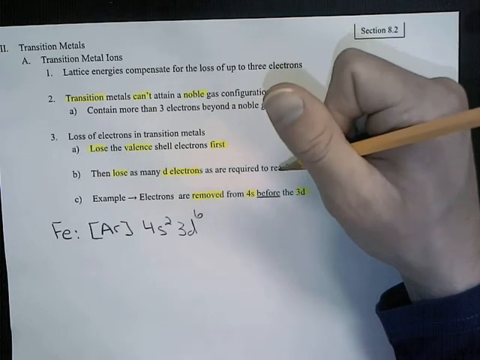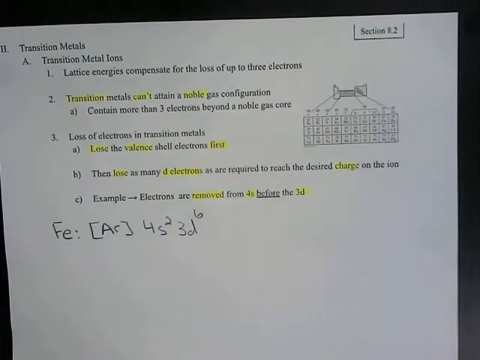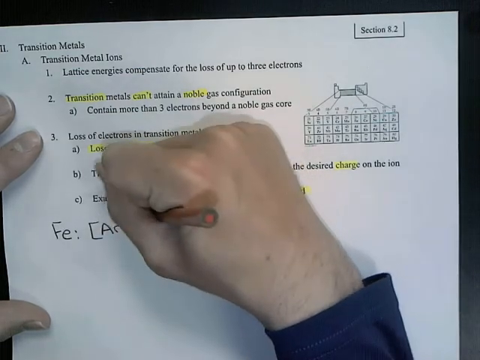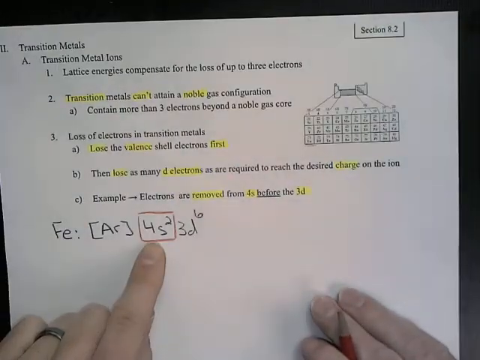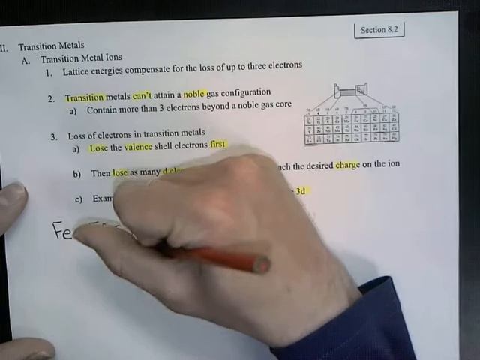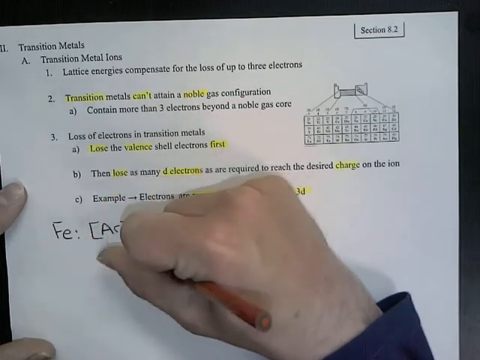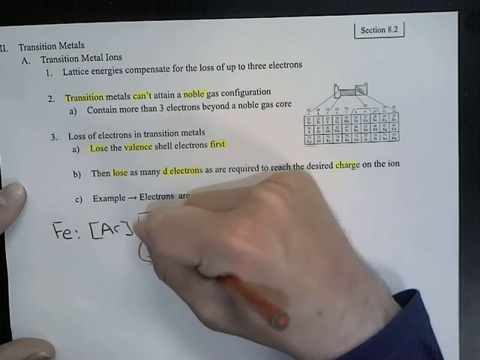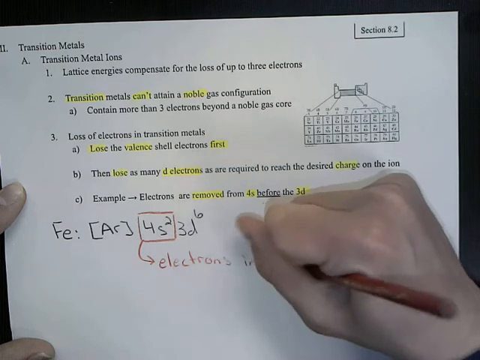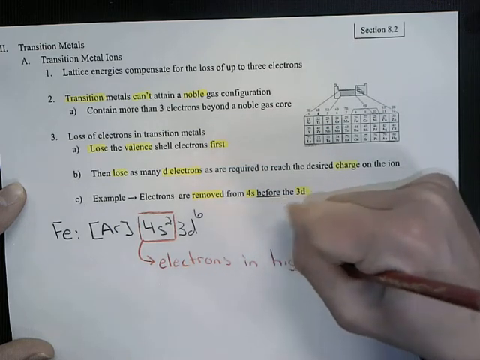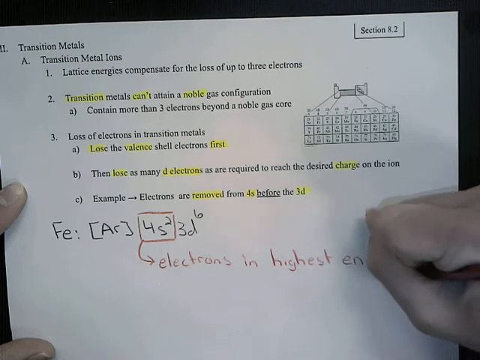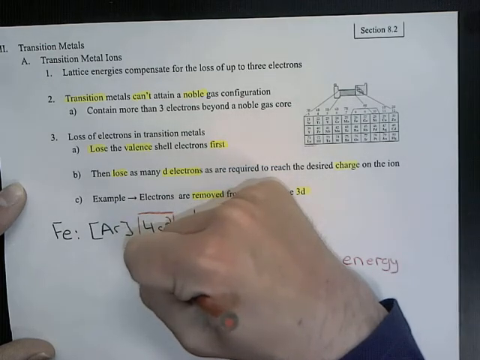What happens is this. Iron wants to lose its valence electrons first. Because these electrons are in the 4s subshell, they are electrons in the highest energy level.